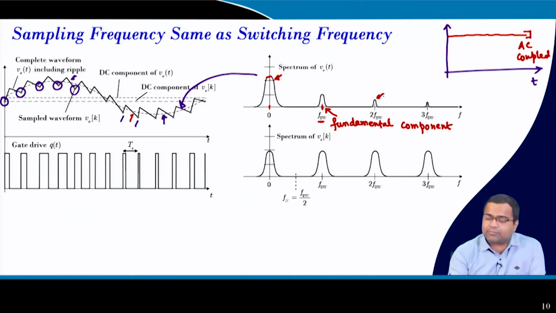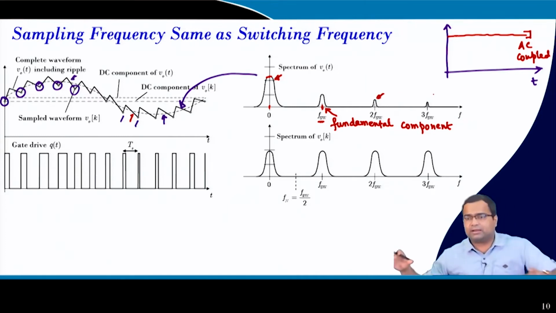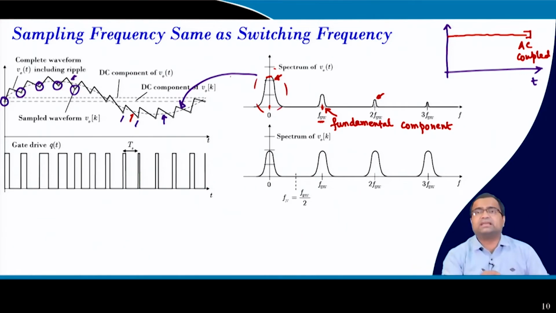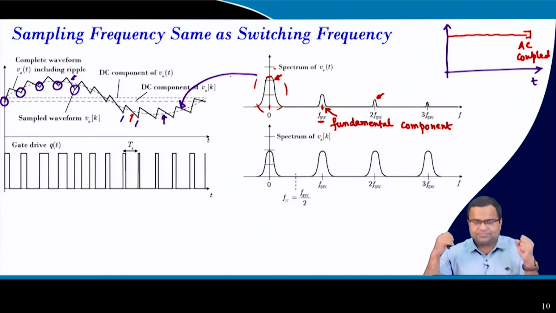Then we will get harmonics, and as we move to higher and higher harmonics, the power content will get reduced, because the maximum power will stay in the DC component.